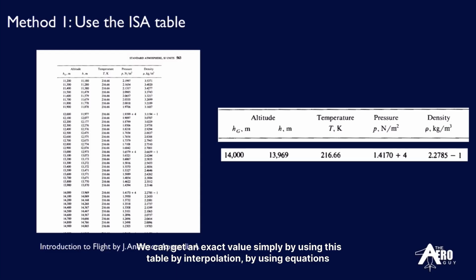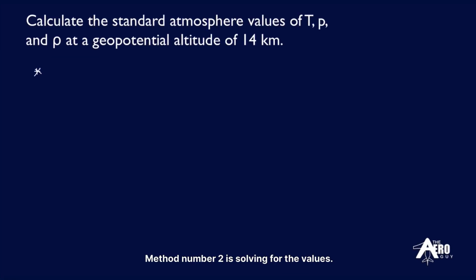We can get an exact value by interpolation, using equations of a line, finding the slope. However, we have a more accurate way to solve it. That is by using method number 2. Method number 2 is solving for the values.